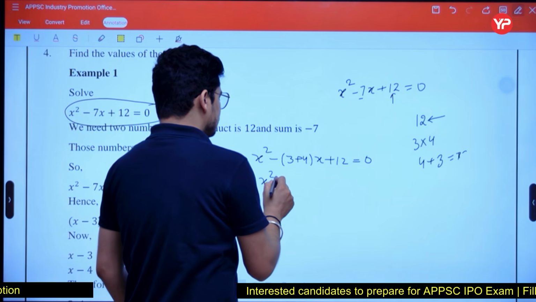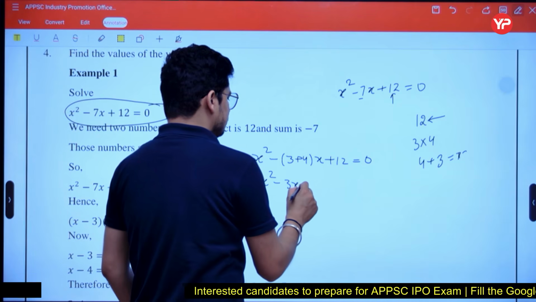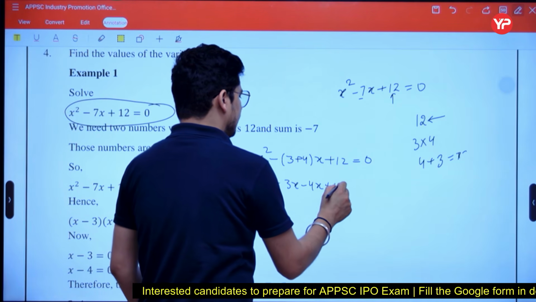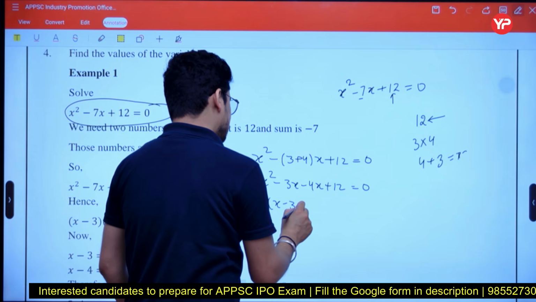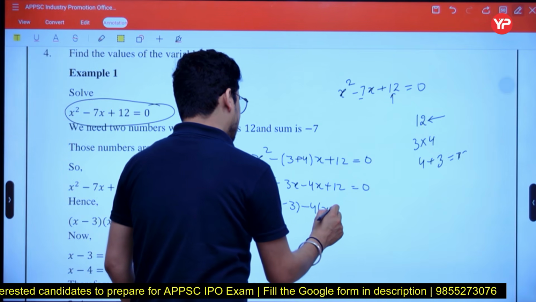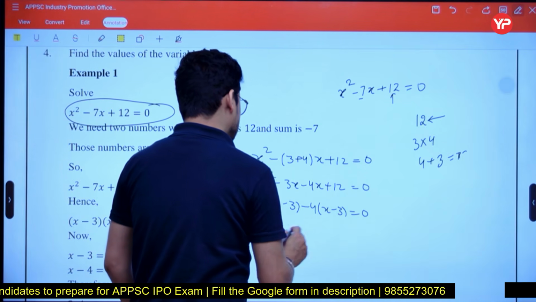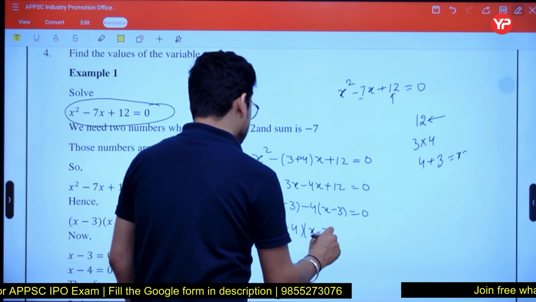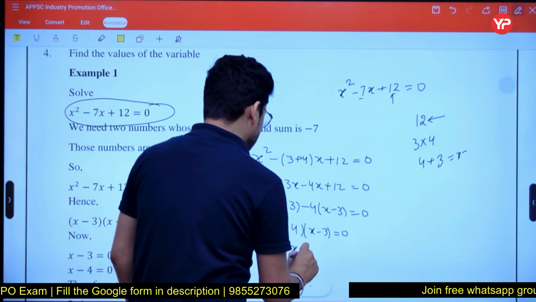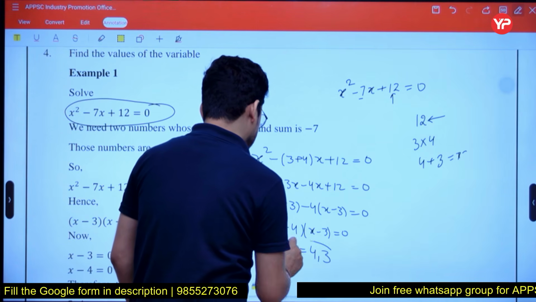Now it becomes 3x minus 4x plus 12 equals 0. Then x minus 4, x minus 3, equals 0. So we are getting two values of x, that is 4 and 3.